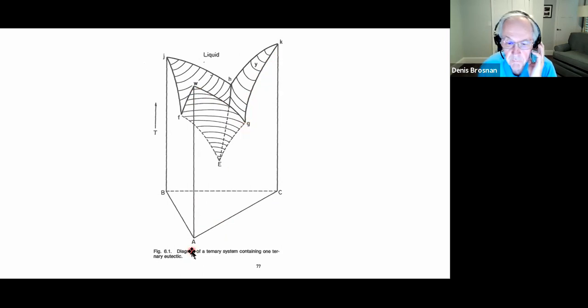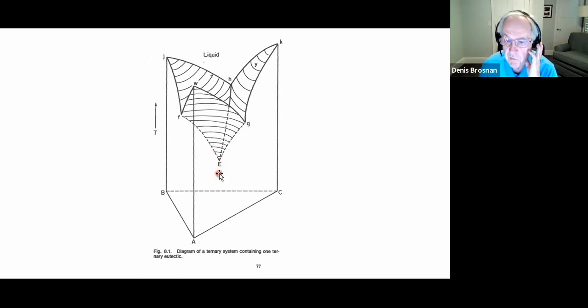In a like manner, the A to B phase diagram is here, bounded by this side of the phase diagram. It has a binary eutectic here, binary meaning 2-component. But notice also that given a dotted line, there is another eutectic here inside of that volume element, and that's a ternary eutectic, 3-component eutectic.